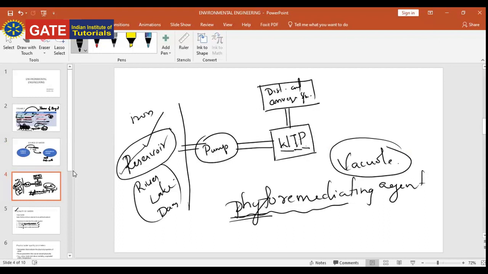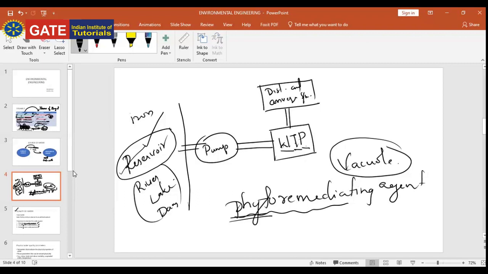Got it? So after the treatment, what do people do? We get the water from the treatment plant and distribute it to different places where the water is used. Okay. This is the general idea of water distribution in a city or in a village area, how the government generally does it. Got it?